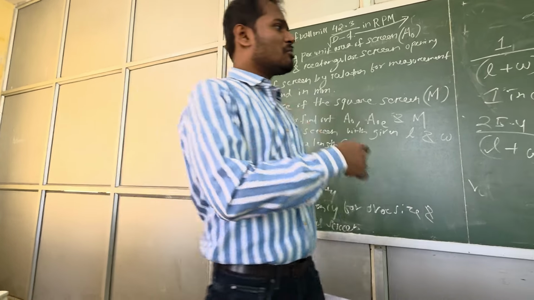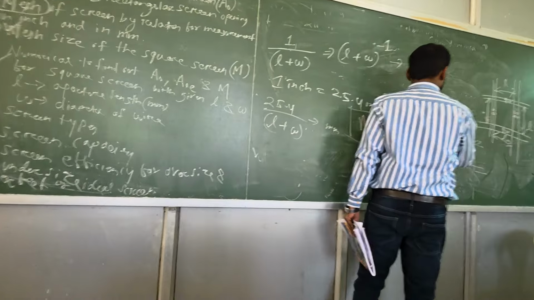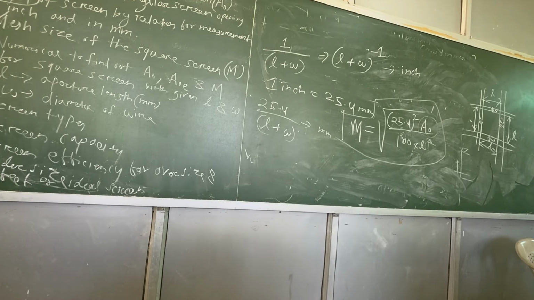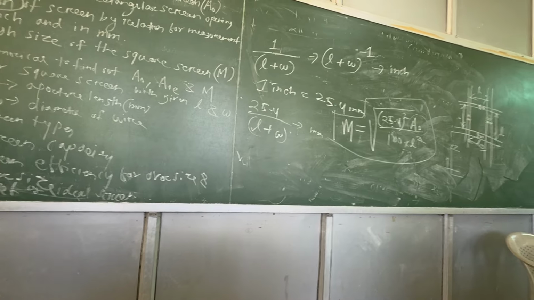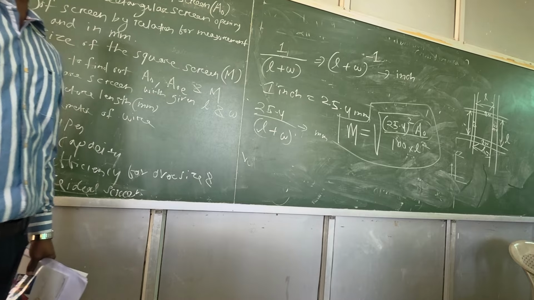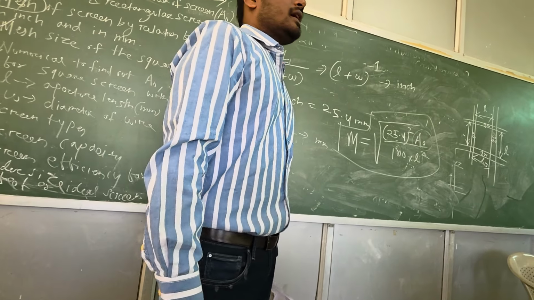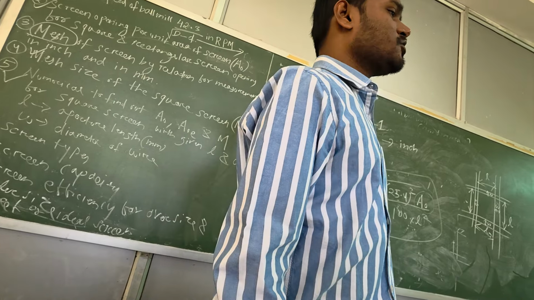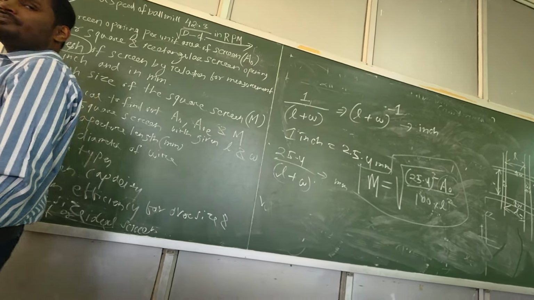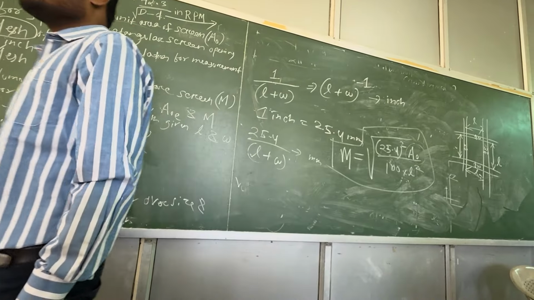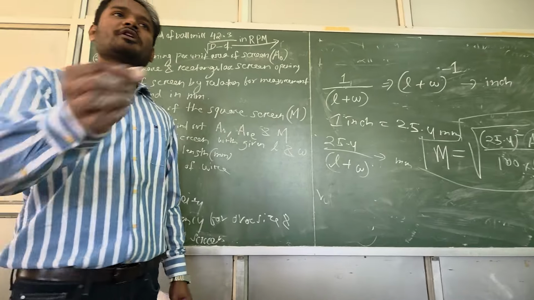So you remember the formula I told you? Can you use this formula? First find out the percentage area opening. You remember? L by L plus W whole square into 100. That will give you percentage opening. You can get this kind of numerical in exam also.